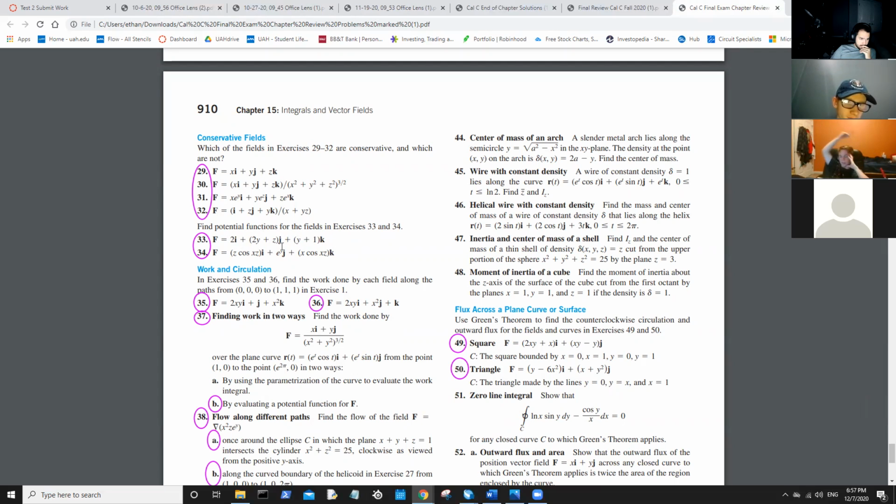Jeffrey, what do you think it is? Well, there's a 2x piece. There's going to be a y squared piece. A zy piece, and I guess a z.